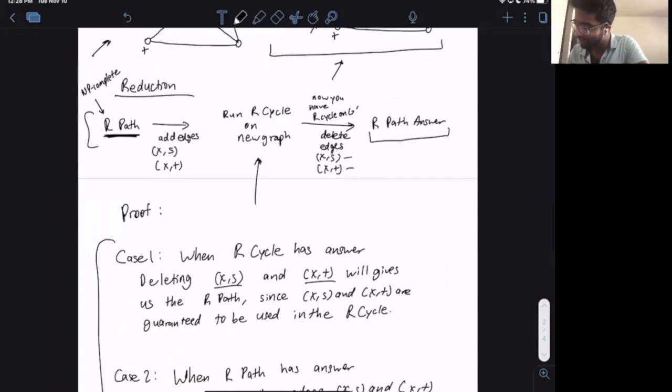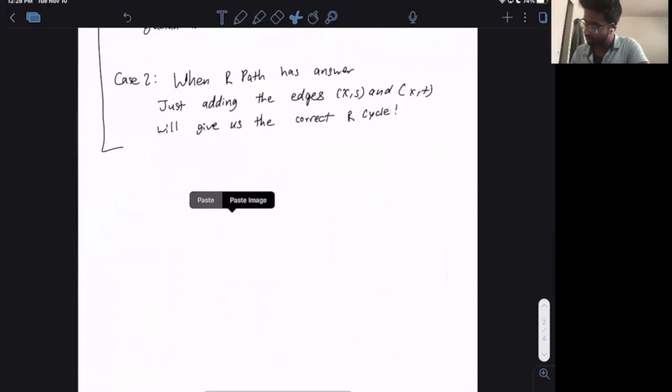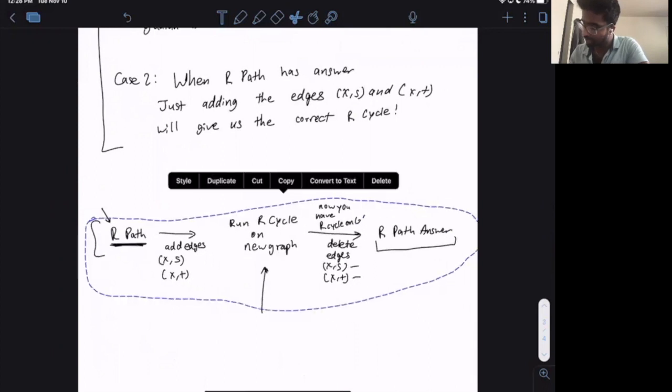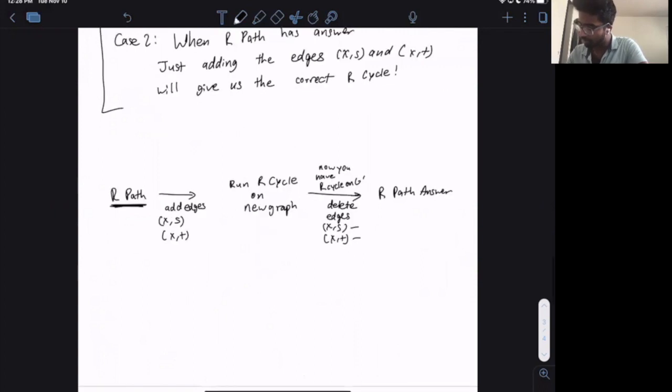Let me just copy that down real quick. The last component is the actual runtime for the reduction itself. What I mean by that is this step and this step.